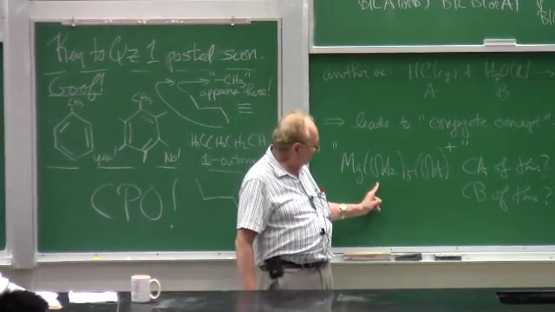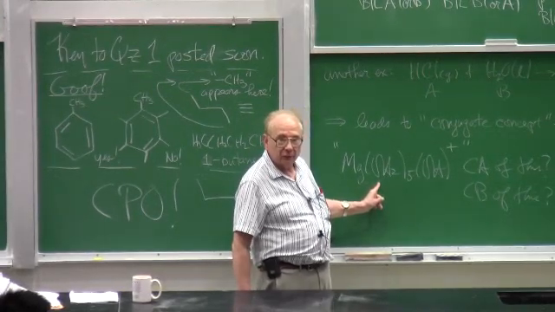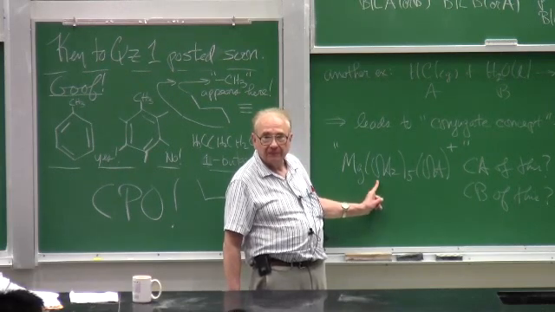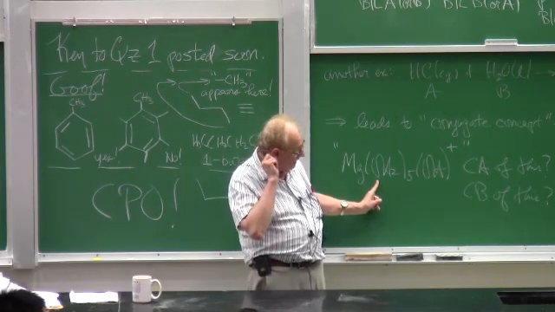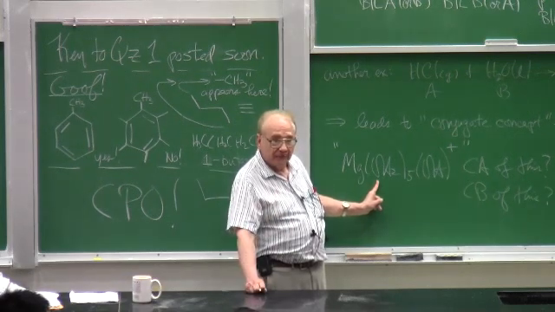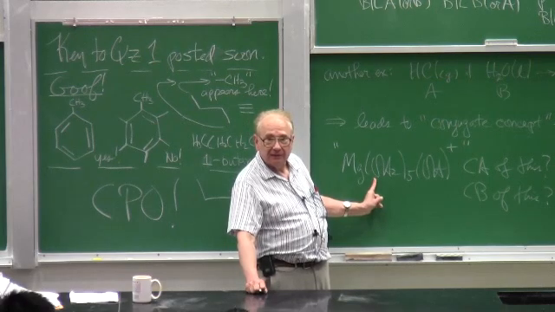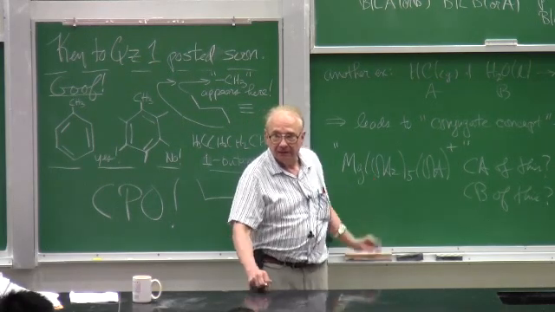I want to write the formula for the conjugate acid of this. So what do I have to do to this formula? Material-wise. Add H plus. If I want to write the formula for the conjugate base of this, I got to subtract H plus.